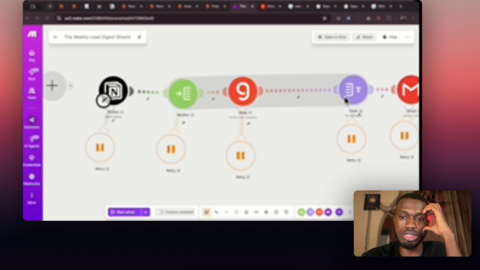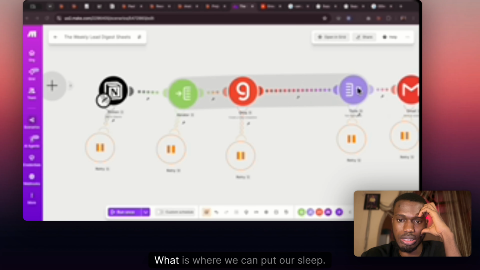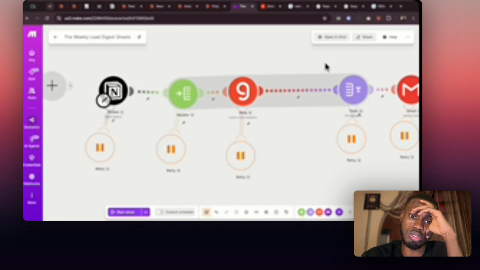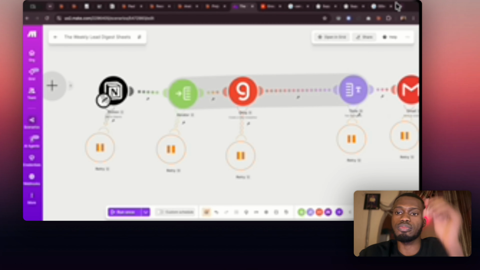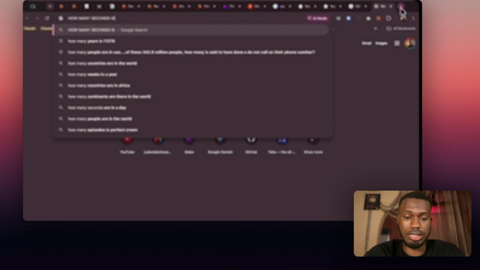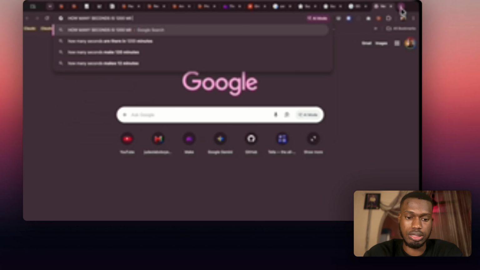Right in between this is where we can put our sleep. We can put our sleep here and set the duration to 1000. How many seconds is 1000 milliseconds?